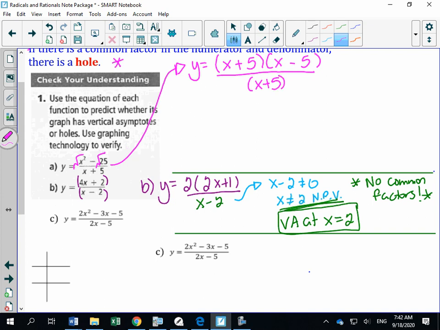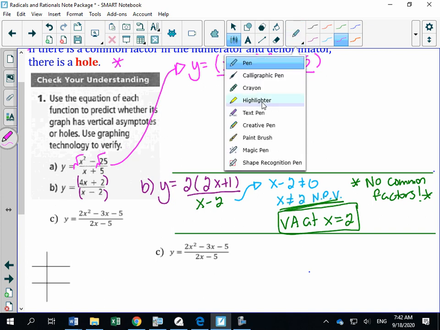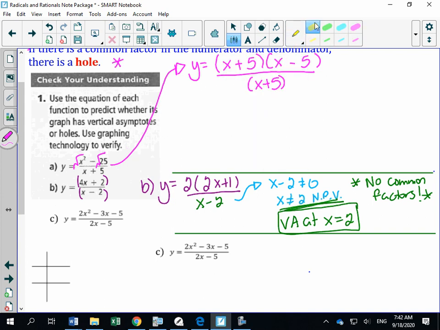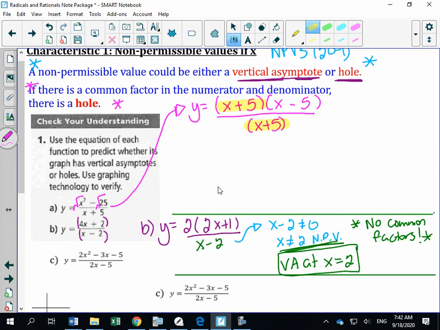Okay, so what happens is, hopefully you could see it, I'm going to highlight this, we have common factors. X plus 5 and x plus 5 is a common factor. Now, before we go ahead and simplify, because after we factor we are going to simplify, let's state our non-permissible values.